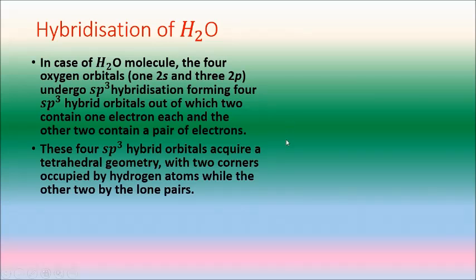Right? Now, these 4 sp3 hybrid orbitals acquire a tetrahedral geometry with two corners occupied by hydrogen atoms, while the other two by the lone pairs.